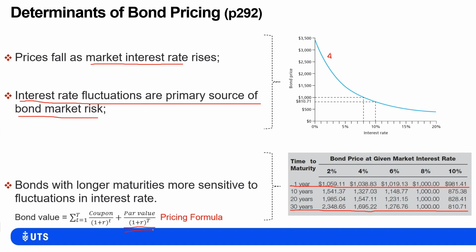This term will obviously be more sensitive to a change in R with a larger uppercase T. The same applies to the discounted coupon terms. In other words, the farther into the future the cash flows are received, the more their discounted values and the price will be affected by discount rate changes, and naturally interest rate changes.